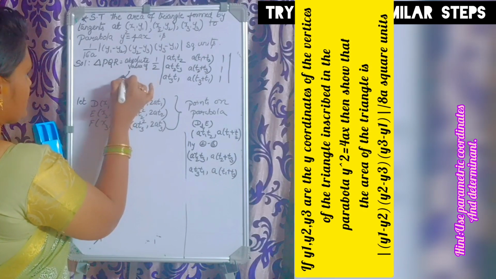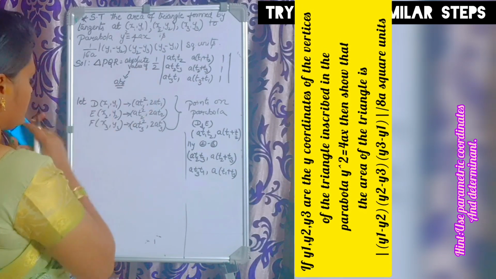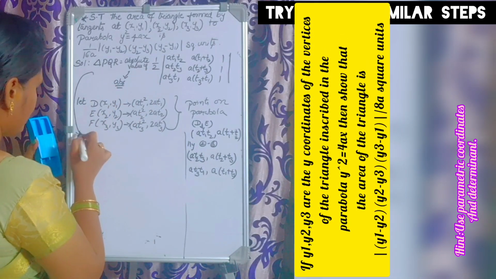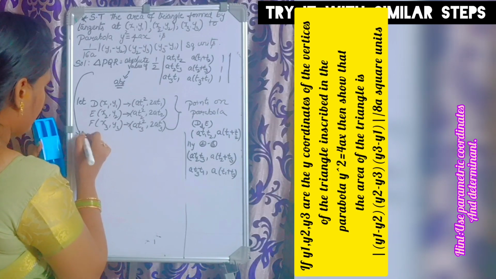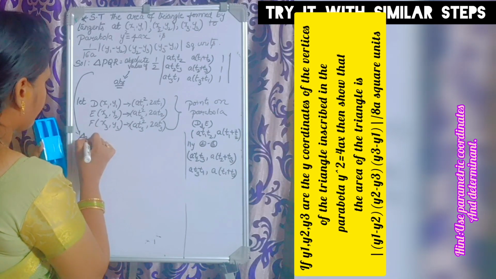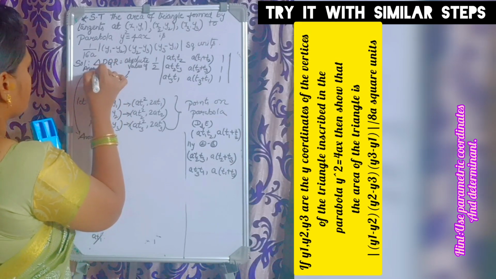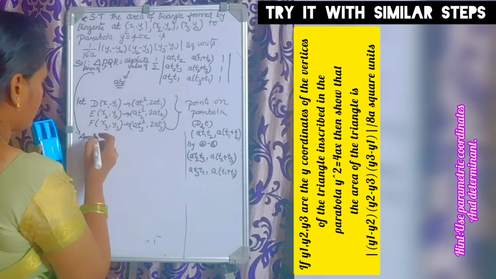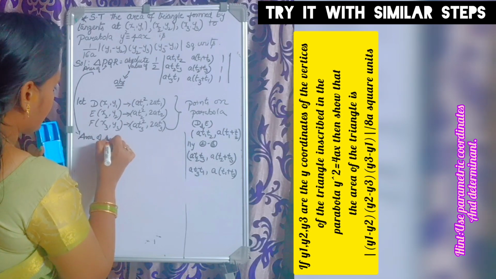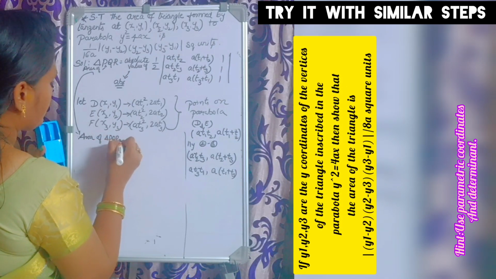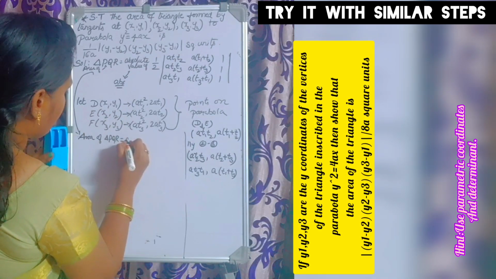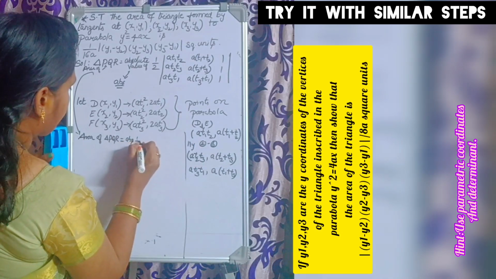If I solve this determinant, absolute value I just represent, right? So by solving this, what I get is the area of triangle PQR is equal to the absolute value of 1 by 2.